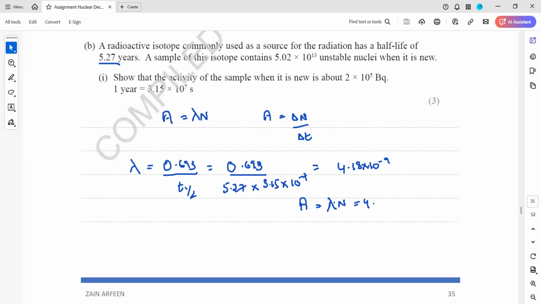We put a negative sign here just to show that the activity always decreases. It's optional for the calculation. What is important is 4.18 exponent negative 9 multiplied by 5.02 into 10 to the power 23. So when we simplify, we get 2.09 into 10 to the power 5 second inverse.